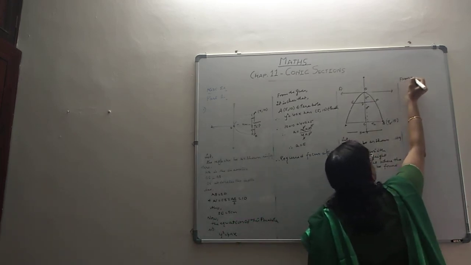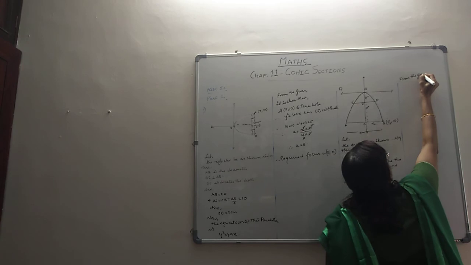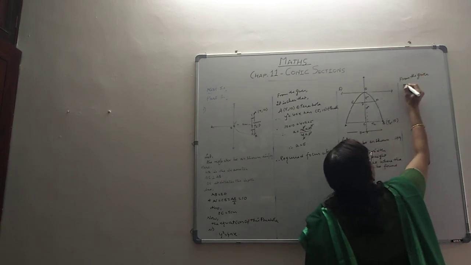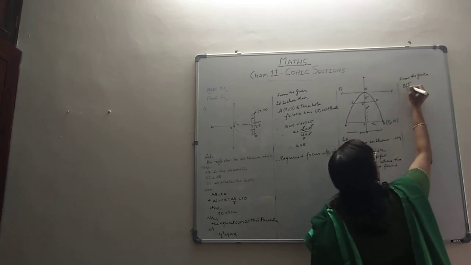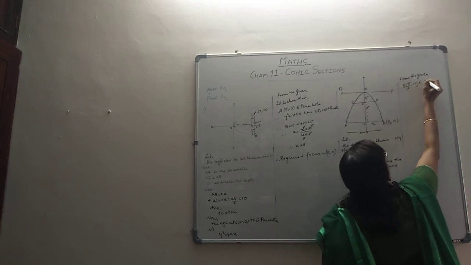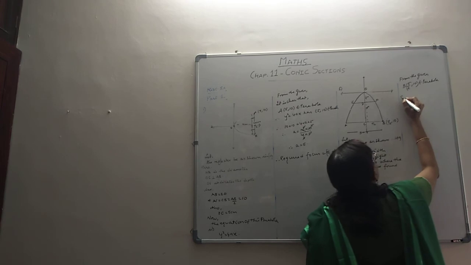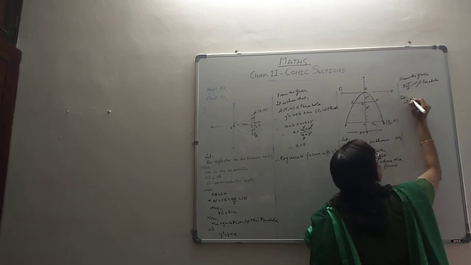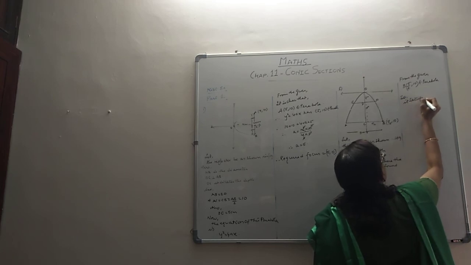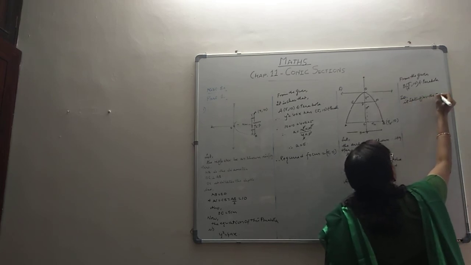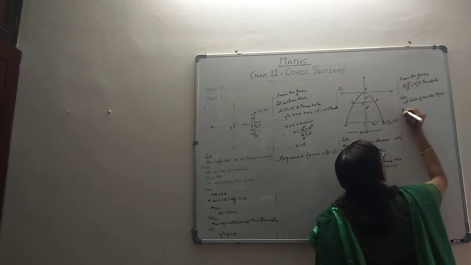So from the given, B with coordinates 5 by 2, 10 belongs to the parabola. So it satisfies the equation of the parabola.